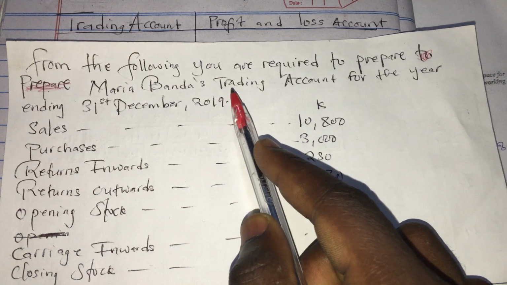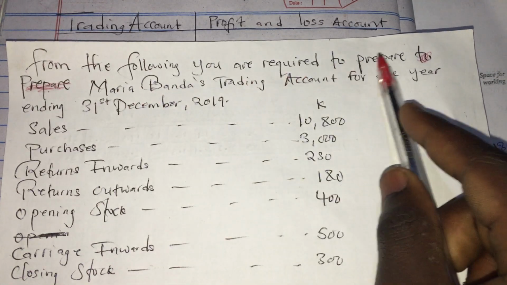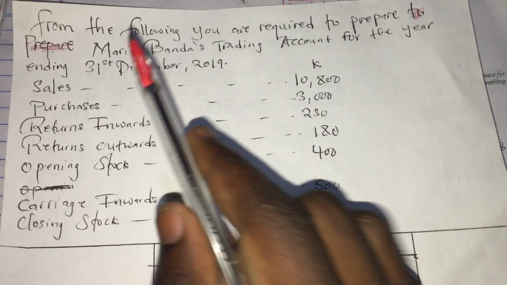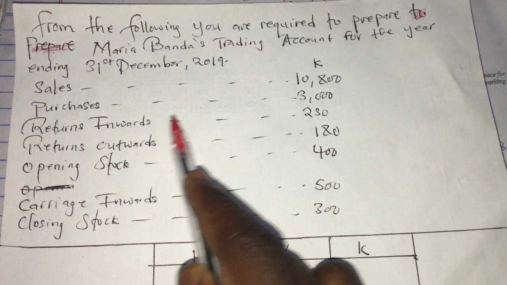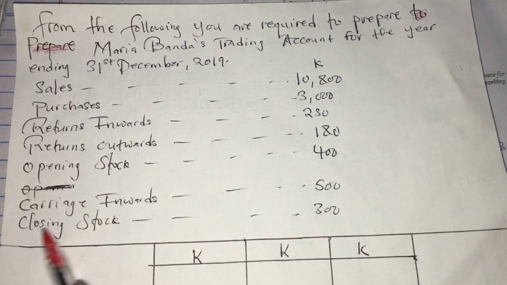All right, so we do have items: sales, purchases, returns inwards, returns outwards, opening stock, carriage inwards, closing stock.